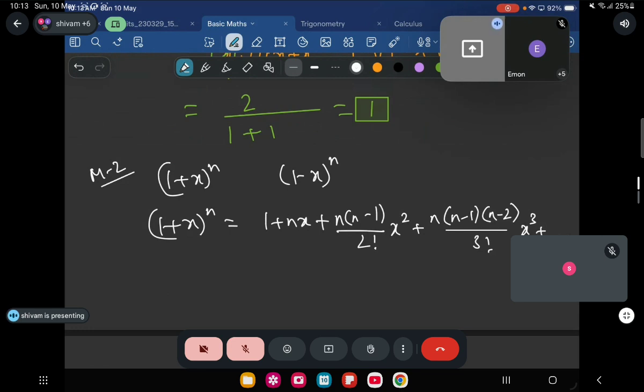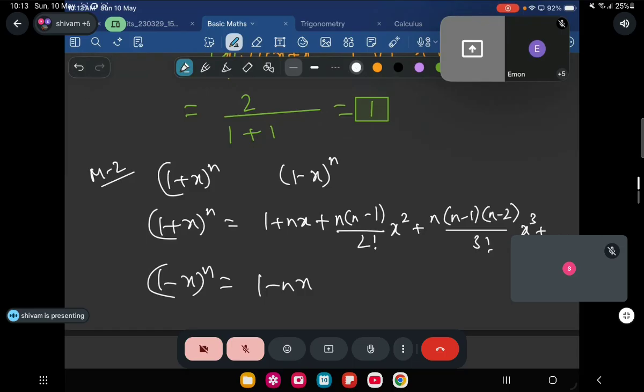1 plus nx plus n into n minus 1 by 2 factorial into x square. Last day we have discussed this. You remember this? Binomial theorem. So tell me what is 1 minus x whole to the power n? Remember, 1 minus nx, and then the rest will be the same. No, tell me 2 more terms.